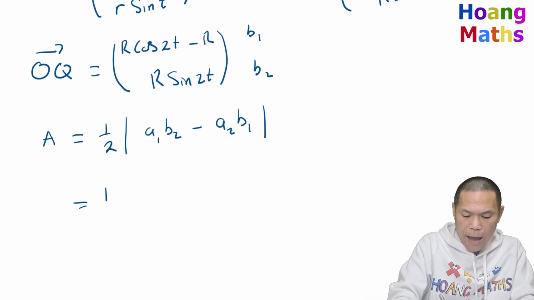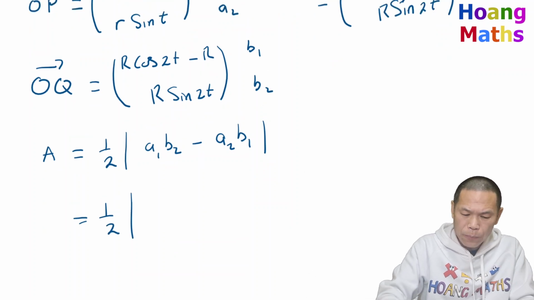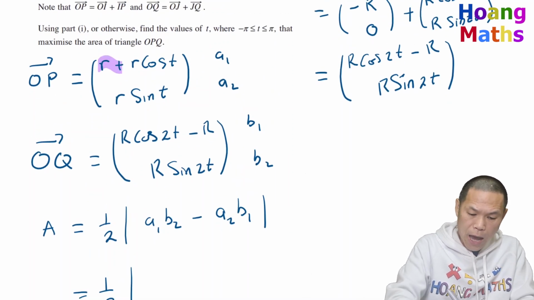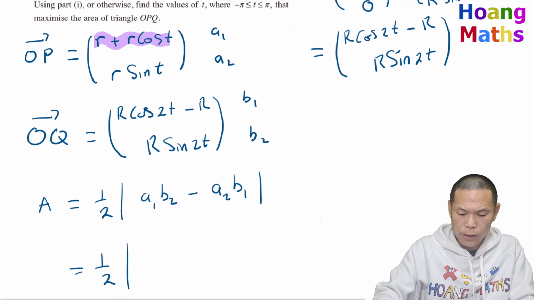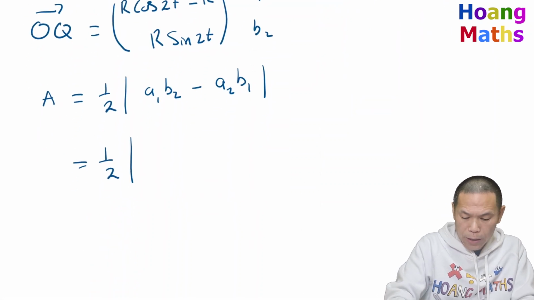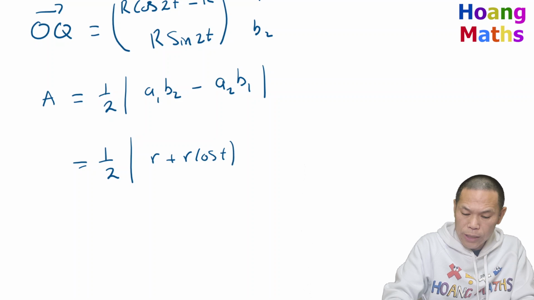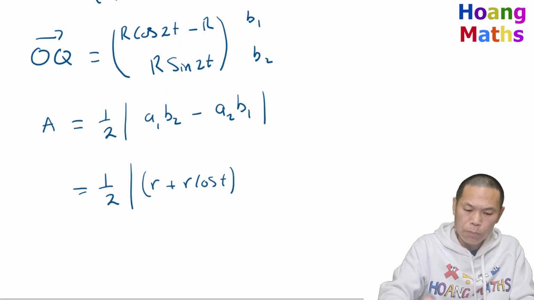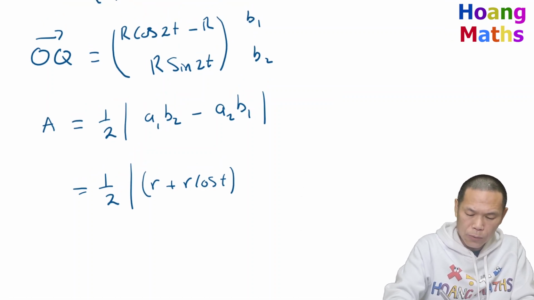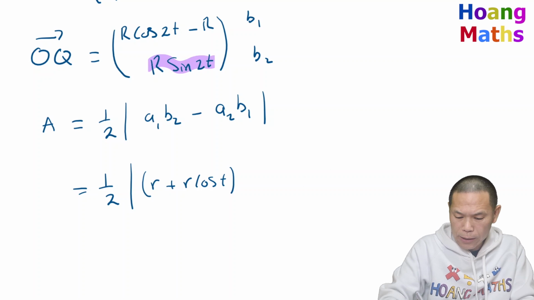So now we just substitute these points in. That will give me a half, I1 is R plus R cos t. And we times B2, so B2 is this one here, that is R sine of 2t.